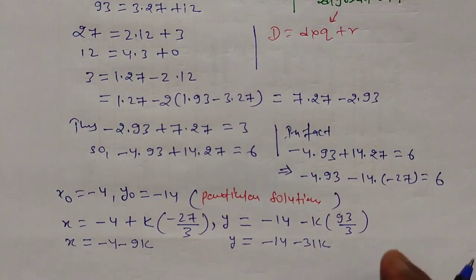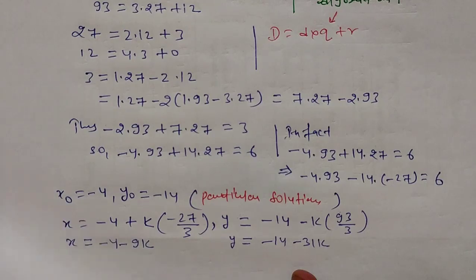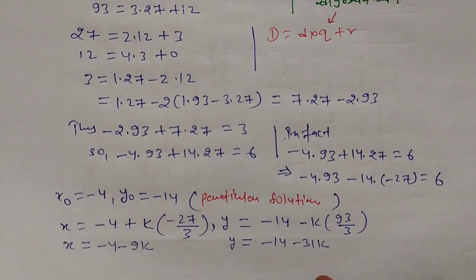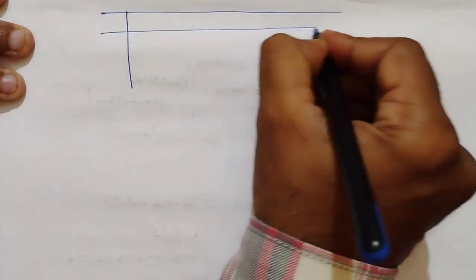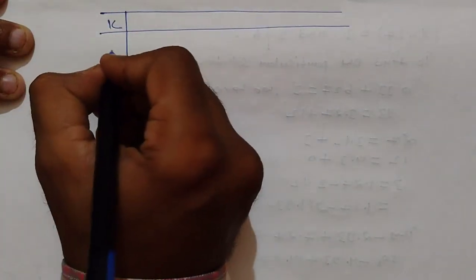So now we will try to arrange the table for different solutions, with the value k and this is for x and y.